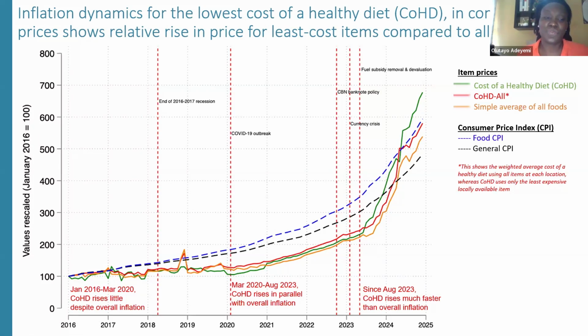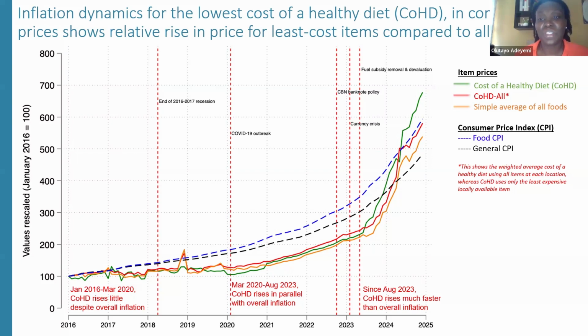And what the data showed is that from 2016 to 2020, the cost of healthy diets did not rise a lot, despite the fact that there was overall inflation. And then from 2020 to 2023, the cost of healthy diet was rising parallel with the overall inflation.